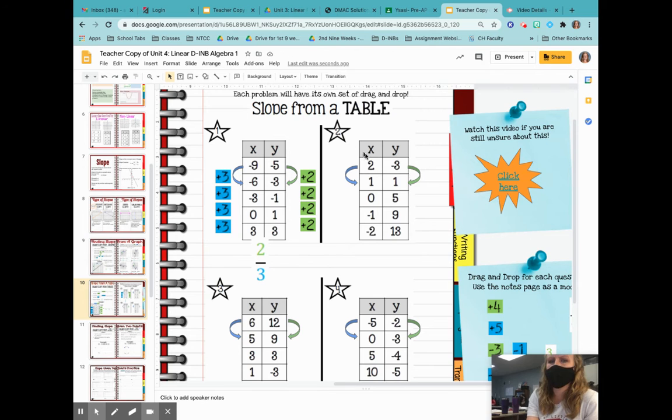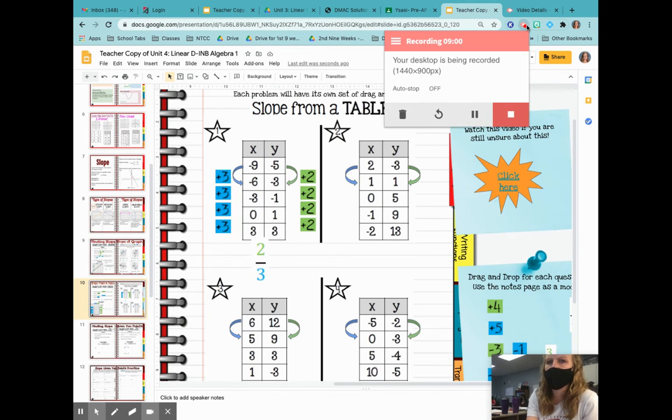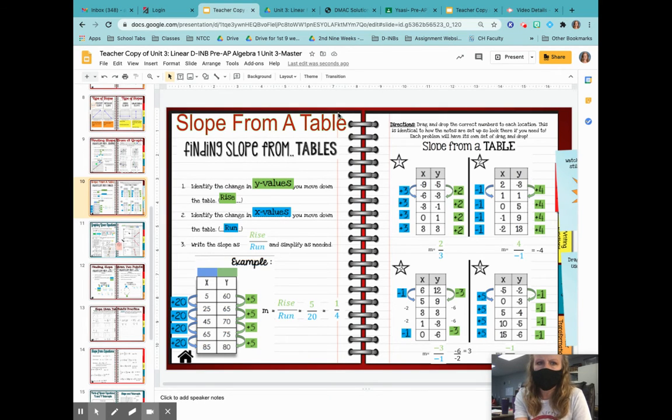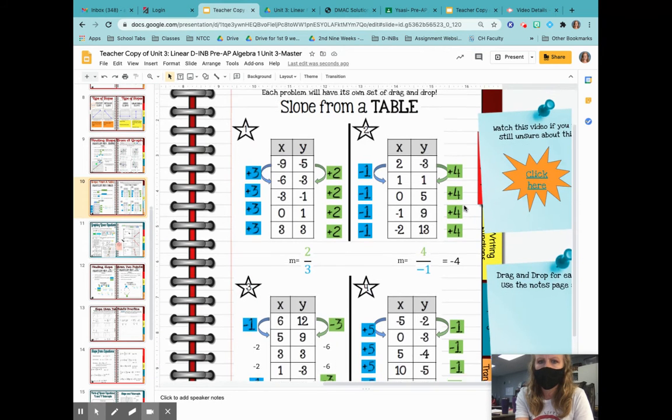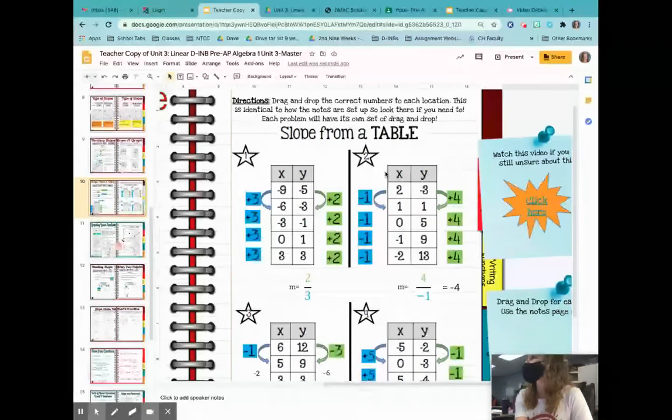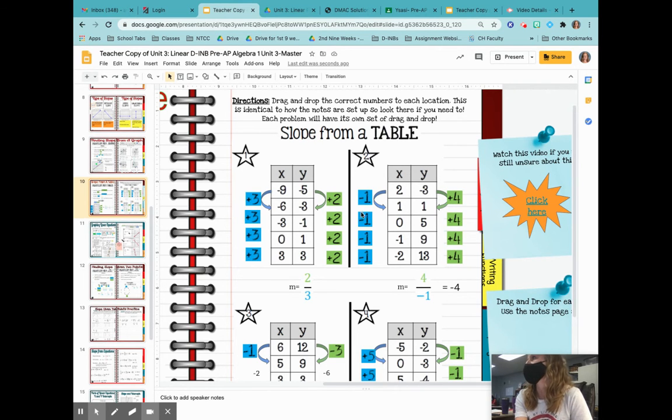Okay, so I'm going to give you a little bit of time to do 2, 3, and 4. So I'm going to pause it while you work on that. I'm going to show you the answers now so you can check your work and we can go over anything that we need to go over. So on the second one, the y's are adding 4 each time while the x's add or subtract 1, which would be 4 over -1.